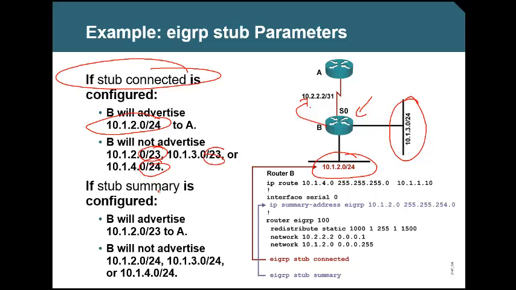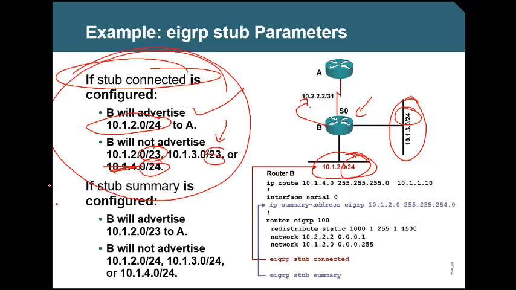Why? It won't advertise the /23 because this network is not available with router B as connected, and the connected is /24. So B will not advertise it, and this is what B will advertise.